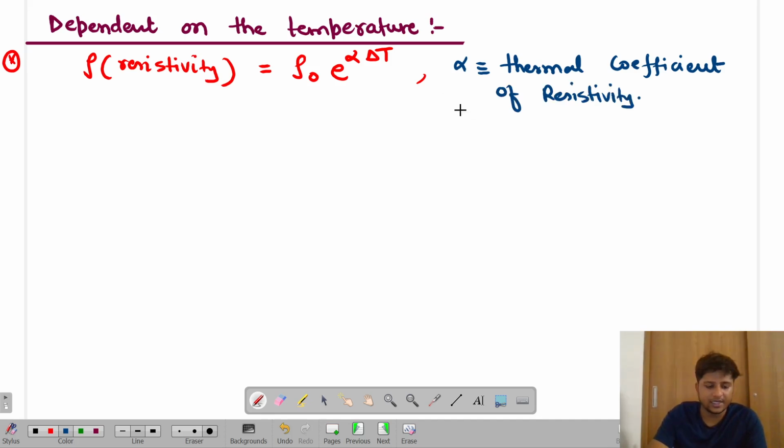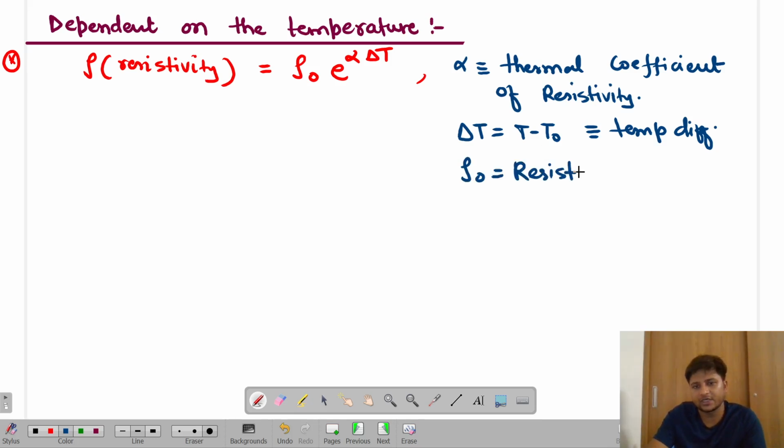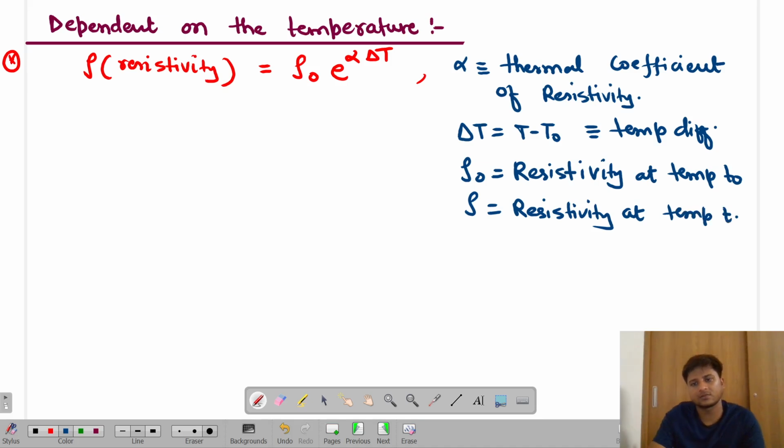Delta T is my change in temperature, T minus T naught, also called the temperature difference. Rho naught is the resistivity at temperature T naught, and rho is my resistivity at temperature T. So this is my variation of resistivity.